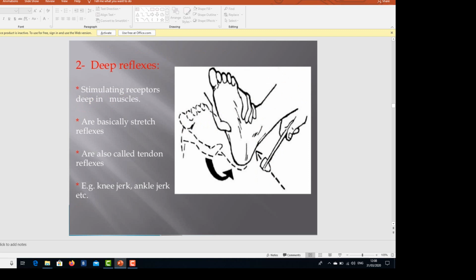Then we have the deep reflexes. The stimulation of the receptors deep in the muscles is involved, and they are basically stretch reflexes. They are also called tendon reflexes. For example, there is ankle jerk, knee jerk, etc.